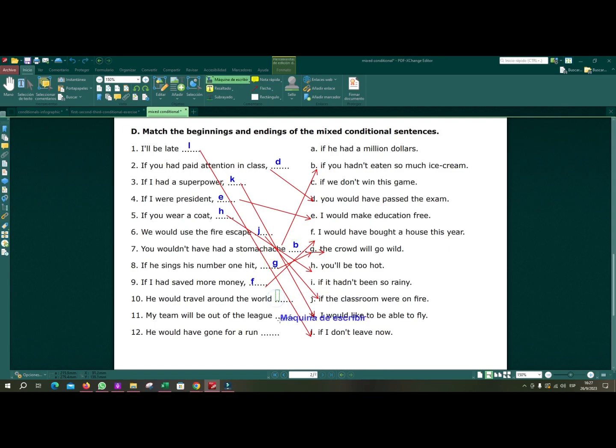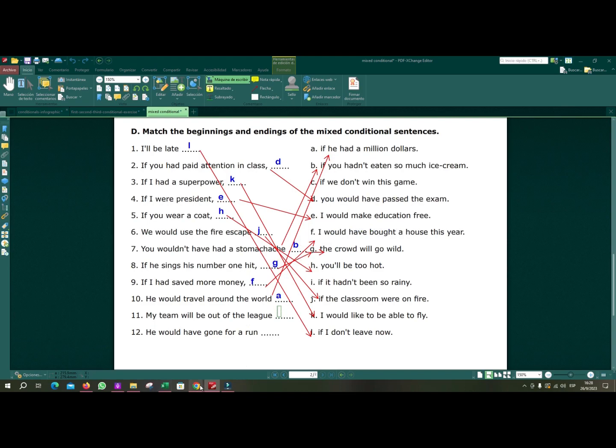Number 10. We will travel around the world. So now, yes, that is letter A, right? If he had $1 million, he would, sorry. Nice. 11. My team will be out of the league.